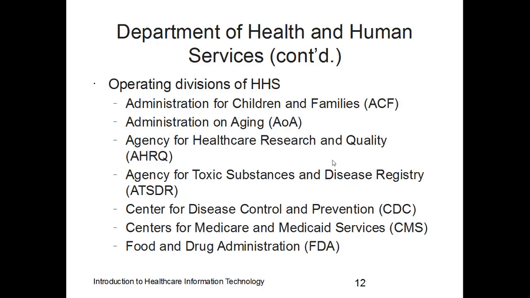Now within the department of HHS, there are a large number of operating divisions, each with their own specific area that they concentrate on. We have some listed here on these slides.